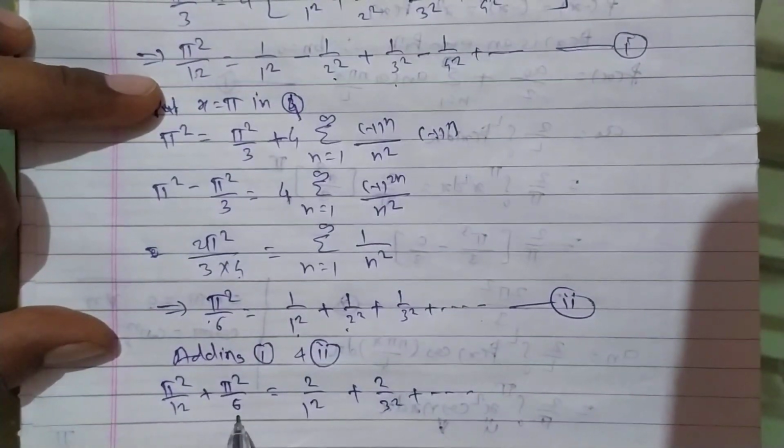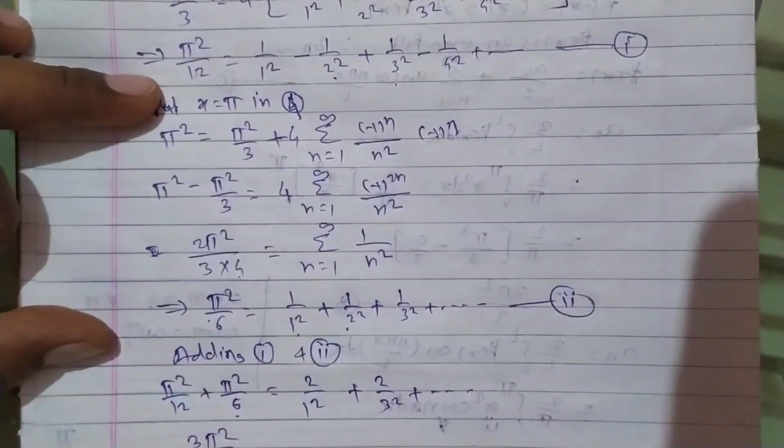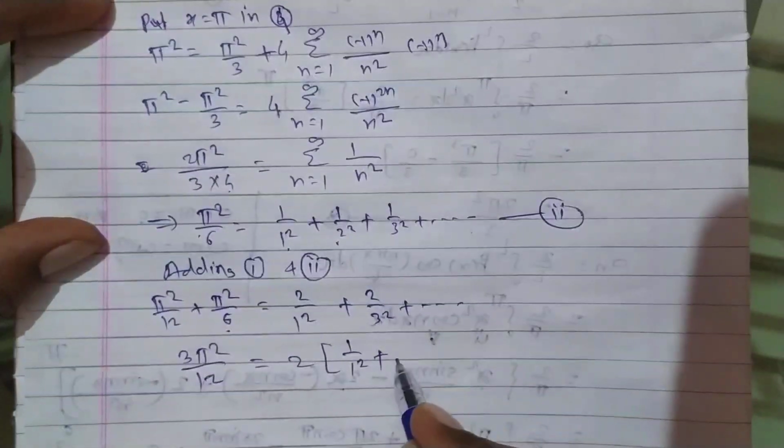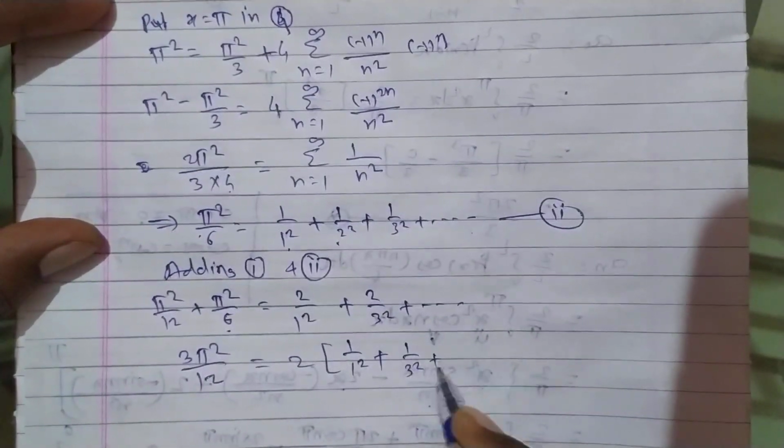Taking LCM 12 here, 2 pi square plus pi square is 3 pi square by 12, is equal to 2 into 1 upon 1 square plus 1 upon 3 square plus so on.